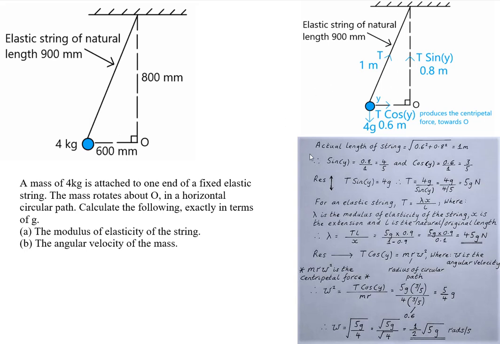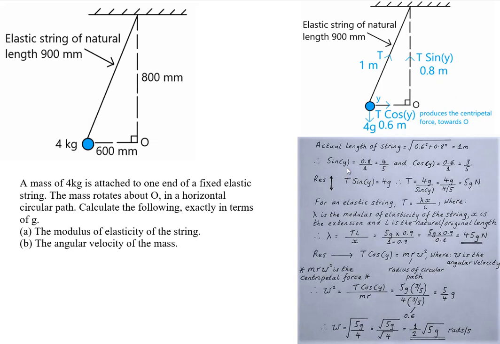First of all, the actual length of the string will need to be calculated. So by using Pythagoras' theorem, the actual length of the string will be the square root of the radius squared plus the height squared, which will give the actual length of the string as being 1 meter.